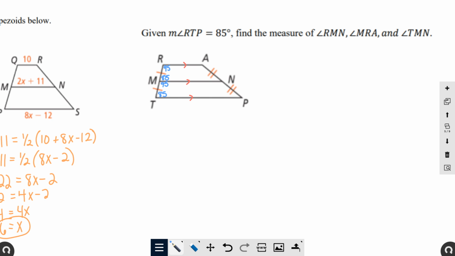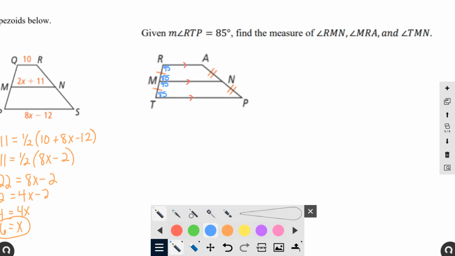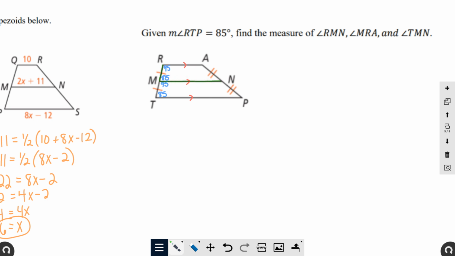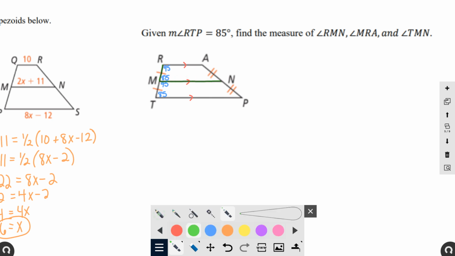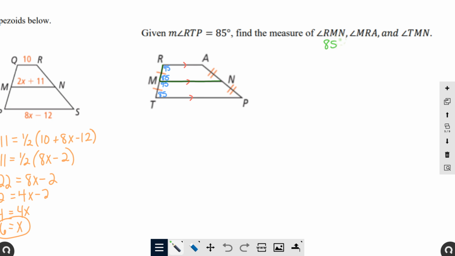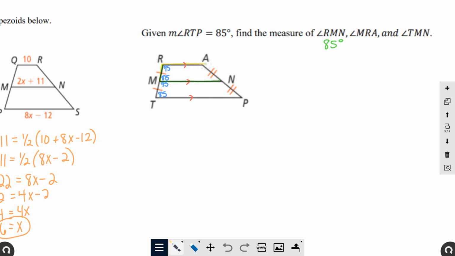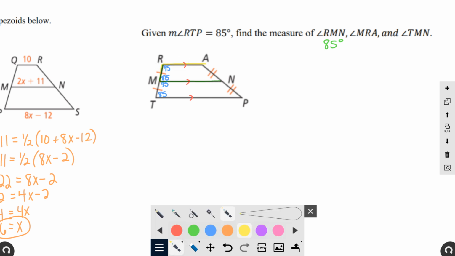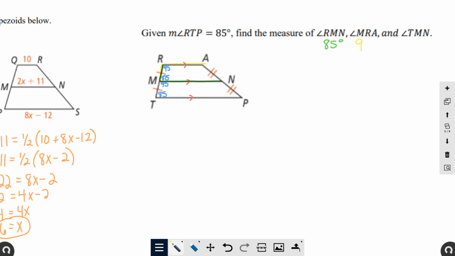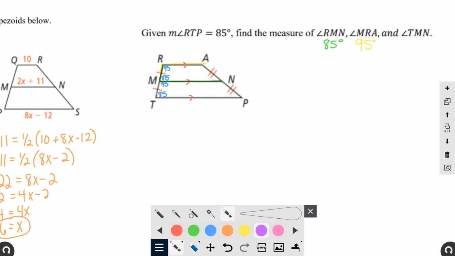So when it's asking for RMN, if I were to trace that out, RMN is how much? 85. Then MRA. So MRA is that upper angle at R, 95. Very good. And then angle TMN.